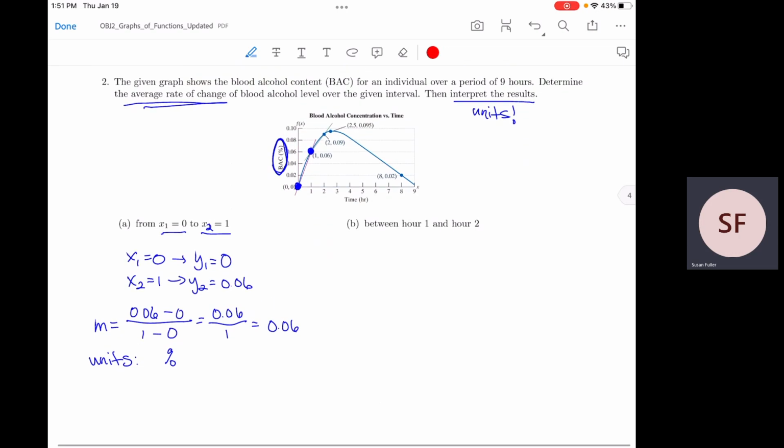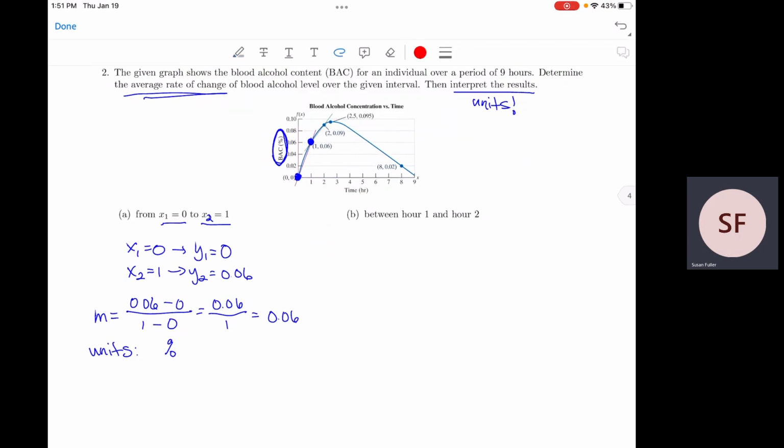And again, I'm just going to label this for you so that this makes sense. Percent, this is the units of y. And then per, and now we need per unit of x. The units of x, again, you can read the problem, or right here on our graph tells us what x represents. x represents the time in hours, so the singular unit of x is going to be an hour.